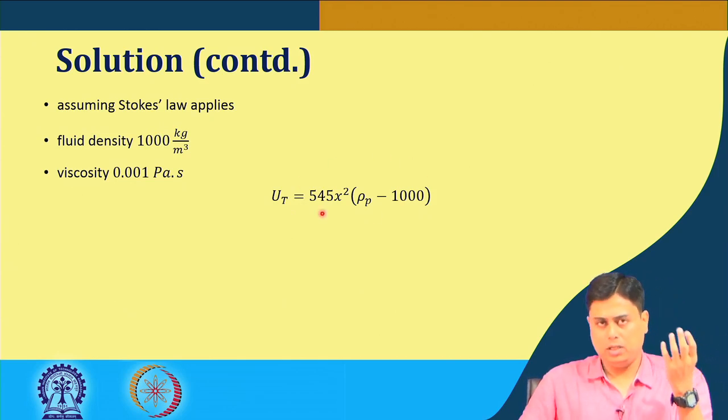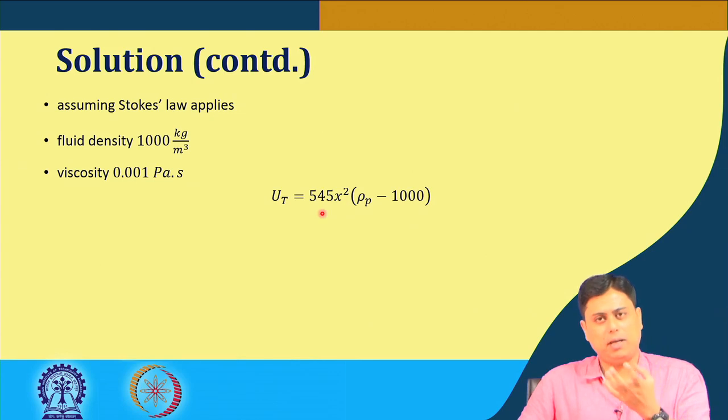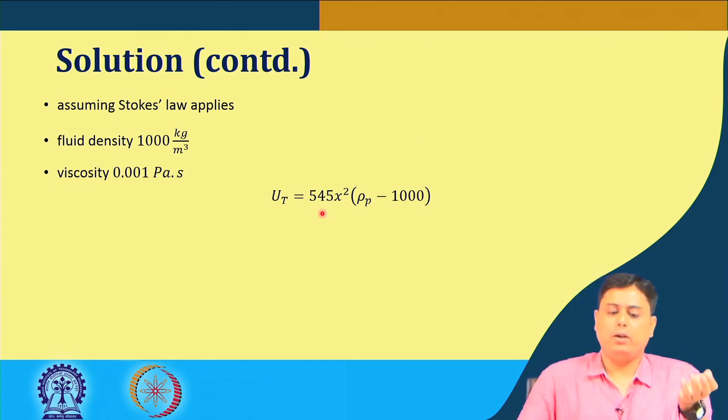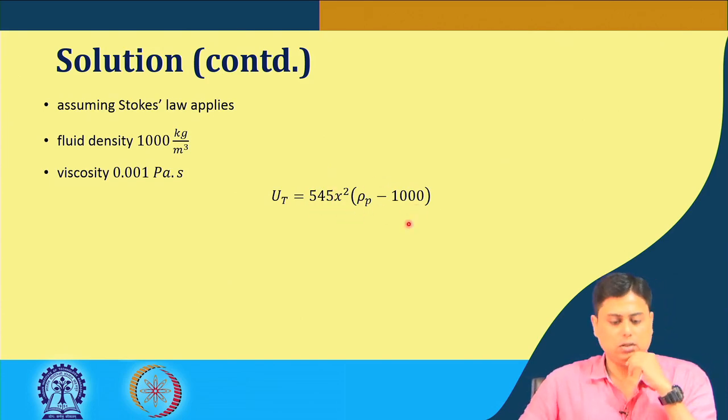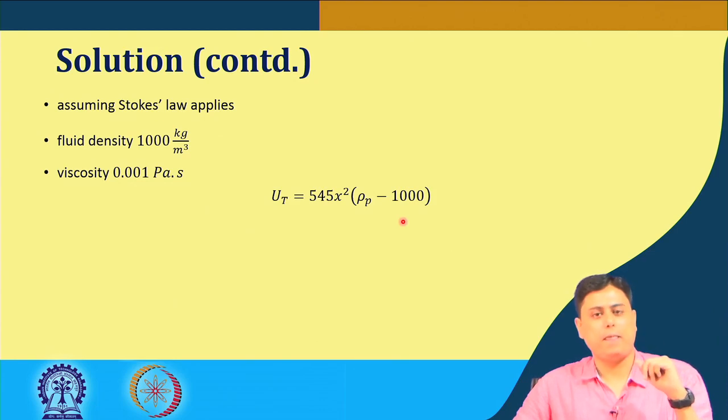Again, the uT expression is x squared multiplied by the relative density multiplied by g divided by 18 mu. In this case, mu and rho f are known, as well as g, which is always known. By doing that, we see that the expression is 545 x squared multiplied by (rho p minus 1000). It is written in rho p because we have two materials here, and this is now applicable for both materials.